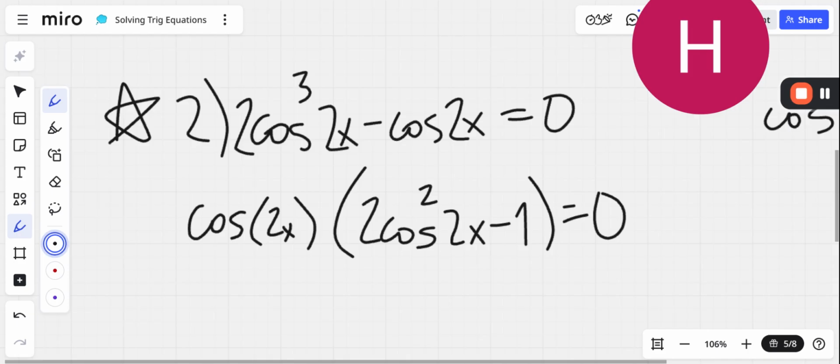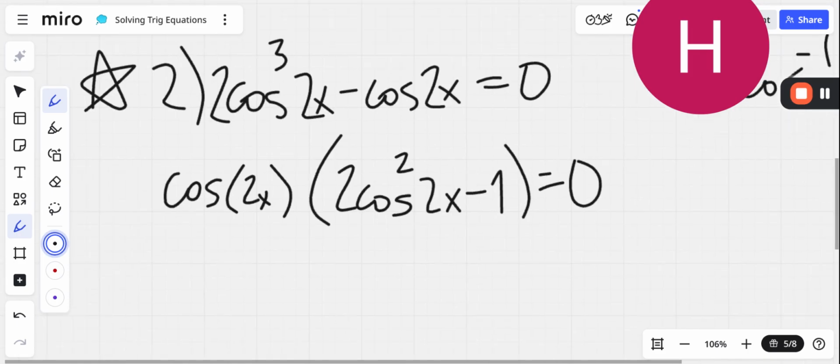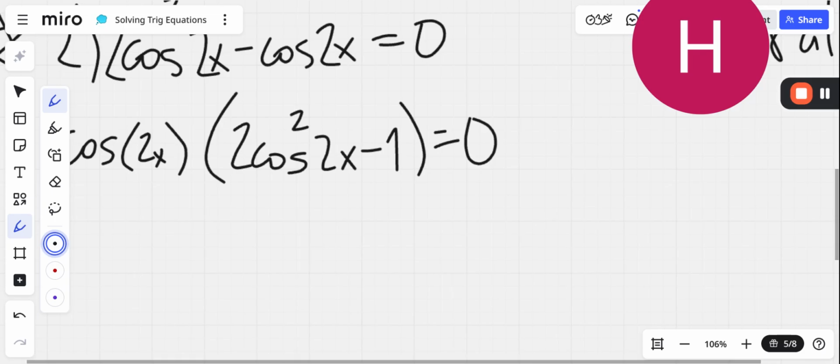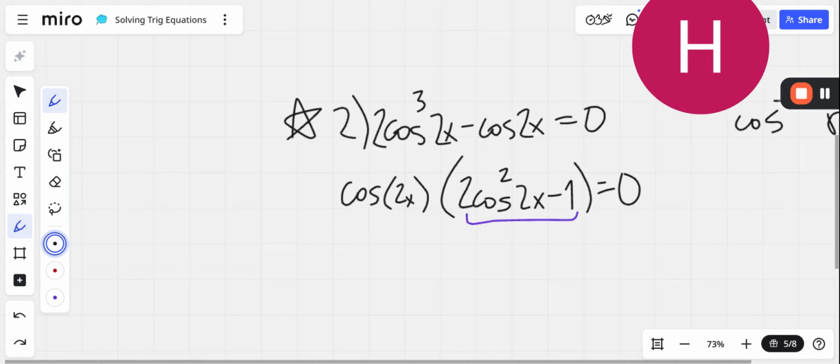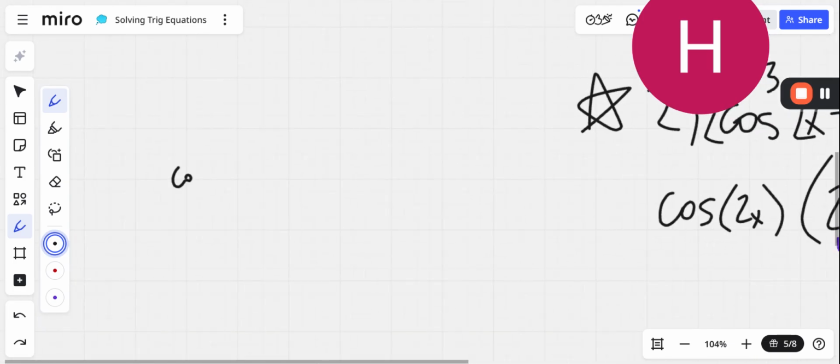Well, interestingly enough, if you remember the double angle formula, this turns into something nice. How is that? Well, one of the double angle formulas for cosine, and I think I'll do this off to the side left. Cosine of 2 theta, one of these forms is the following: 2 cosine squared of theta minus 1.